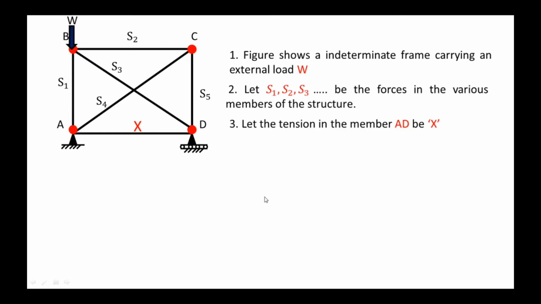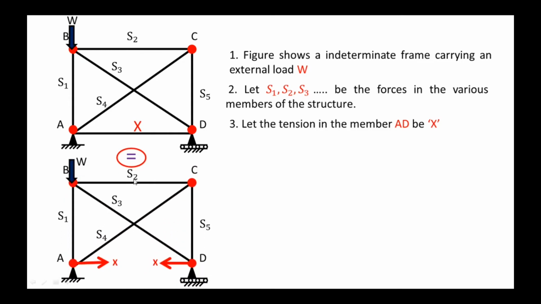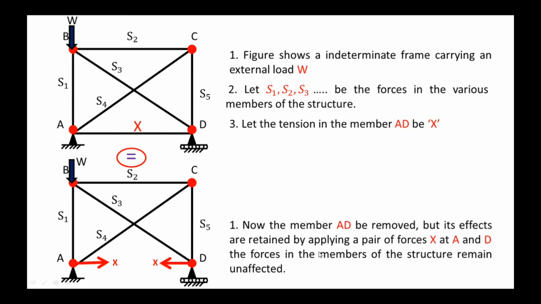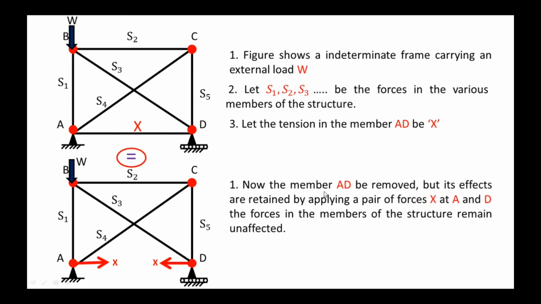Initially we assume that this member AD is subjected to a tension and that value is X. Now we restructure this frame in this way. So now the member AD is removed, but its effect is restored by applying a pair of forces X at A and at D joint. The forces in the members of the structure remain unaffected.